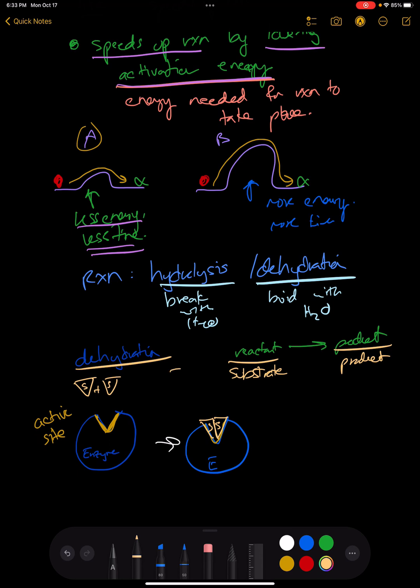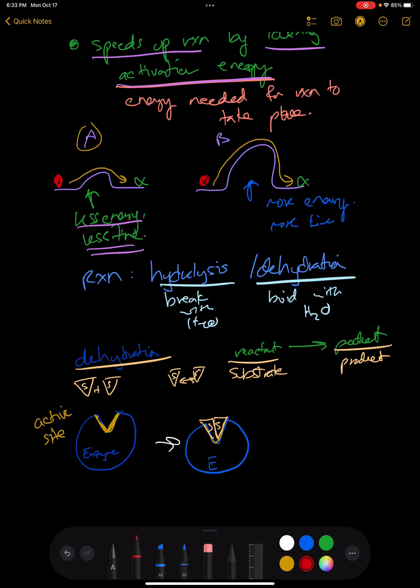Could this substrate and this substrate at some point pass by close enough to each other that they want to interact? Of course they can. But again, we're not really willing to wait on chance. And so that's why we have enzymes. Enzymes are going to make this favorable environment for the substrates to interact with each other a lot more quickly, right?